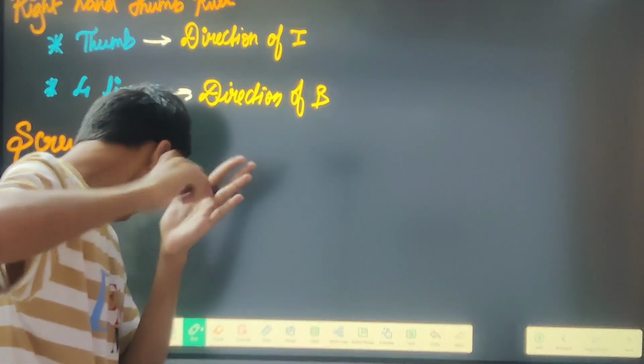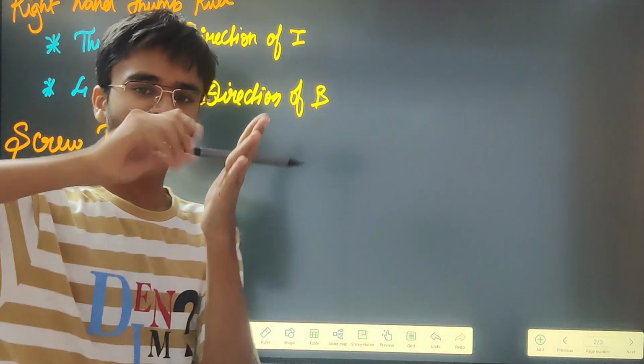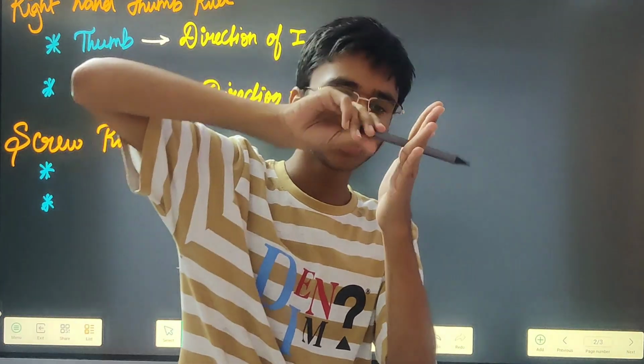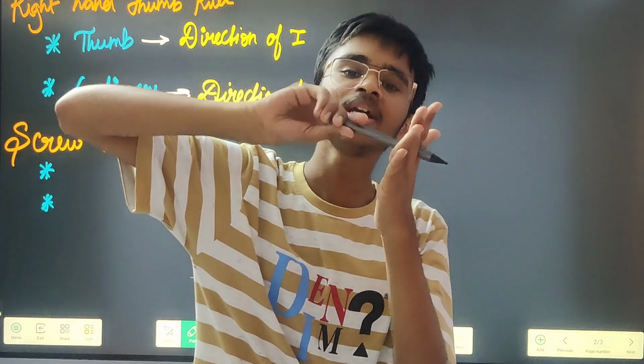So clockwise means inward only, correct. The screw goes inward only. When you are rotating like this, it comes automatically outside, right?